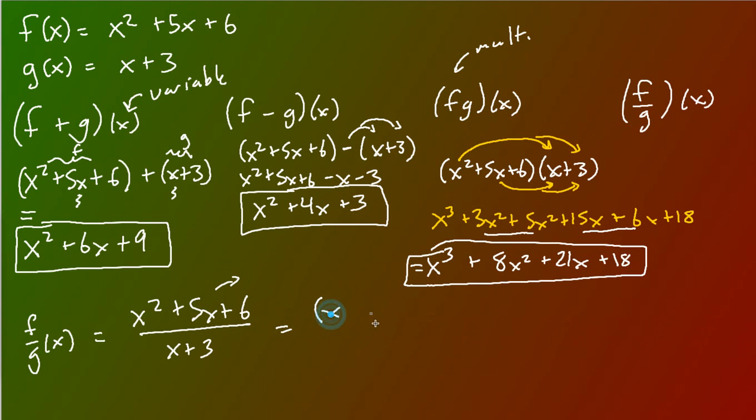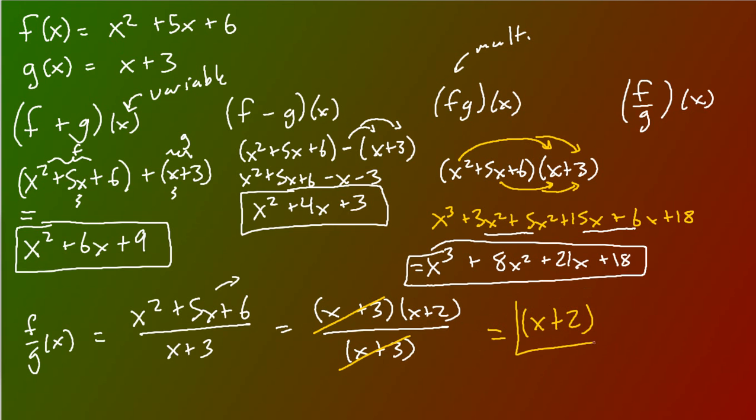So I go ahead and I factor it, and I get x plus 3 times x plus 2 all over x plus 3. And now I see that I can cancel those because they're identical. And then I get equals x plus 2. So those are the 4 basic operations with functions.